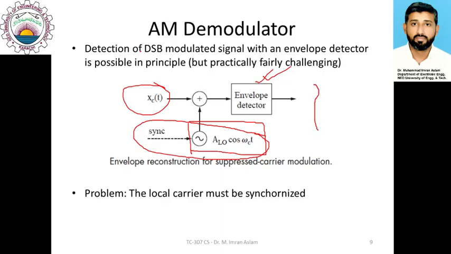So a DSB signal can also be detected by an envelope detector, but it's fairly challenging because of this additional requirement of synchronization and phase comparison.